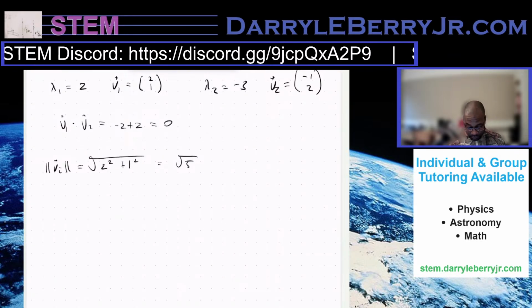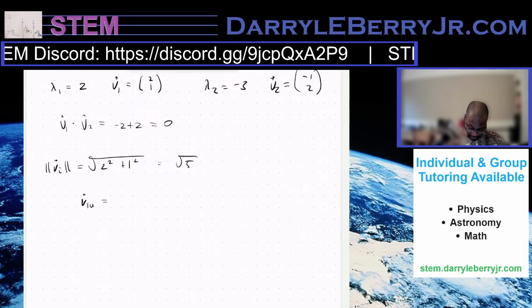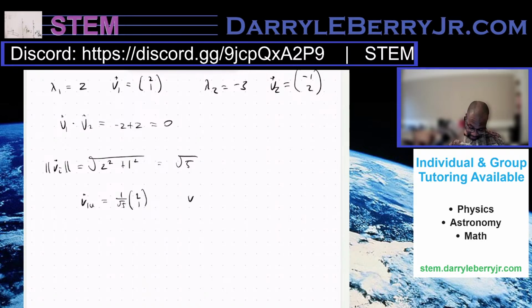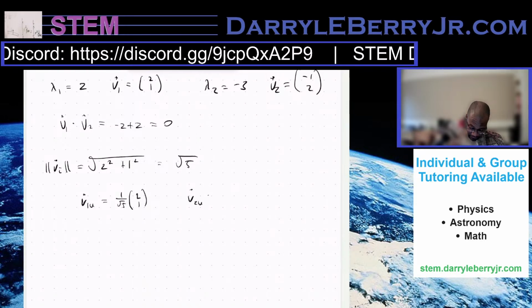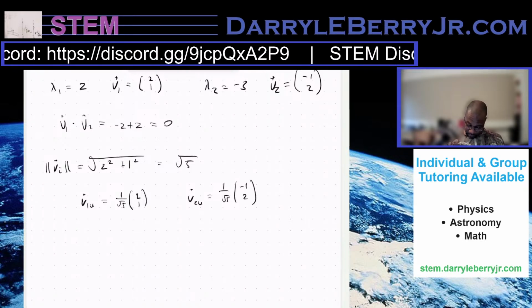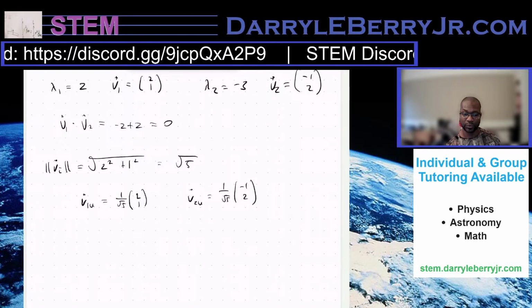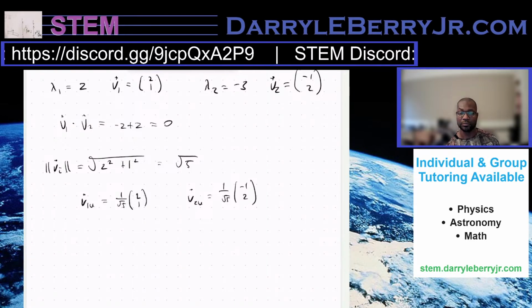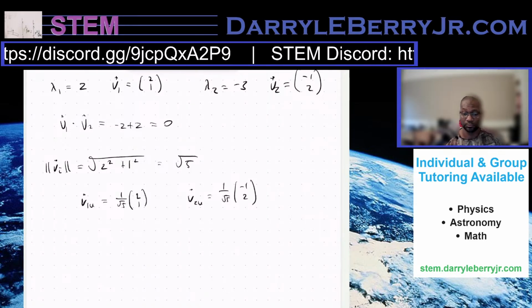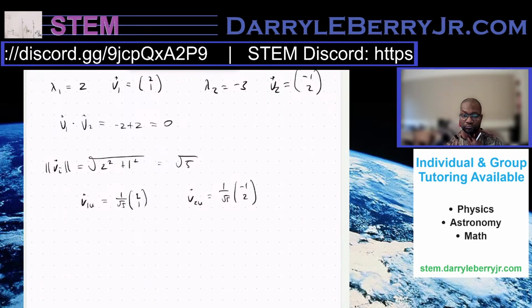So unit vector V1 equals 1 over square root of 5 times 2, 1, and V2 unit vector equals 1 over square root of 5 times negative 1, 2. So the orthogonal set is orthonormal, right?